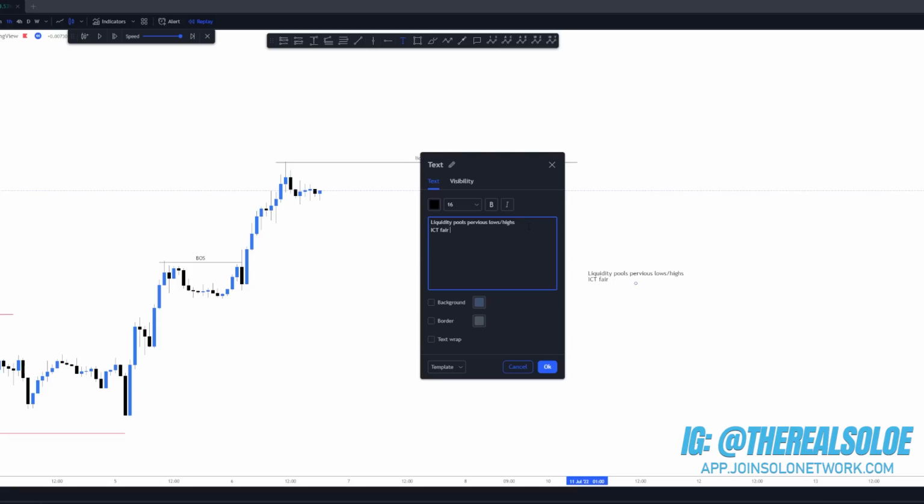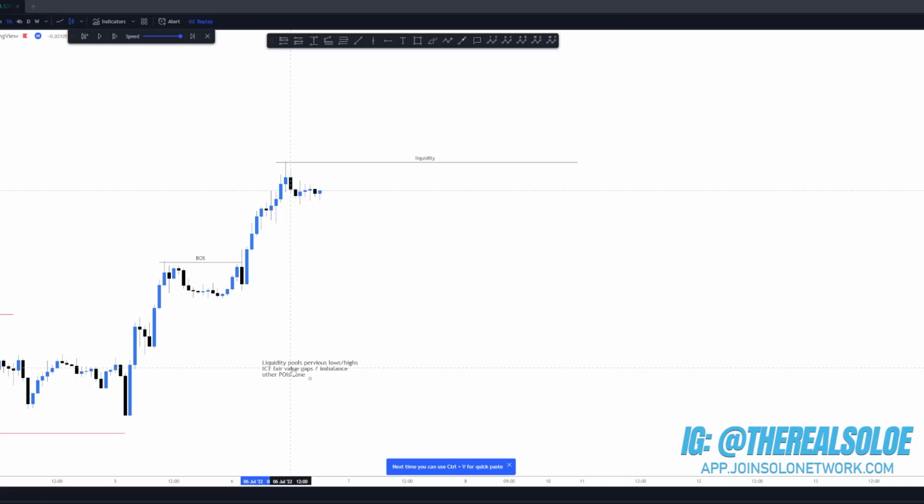I use that as another target point for entries and exit points. We're also going to throw in imbalance. And the final one, I look for other points of interest in the market, like supply and demand, imbalance, and mitigation. That's pretty much my 3 targets that I look for.